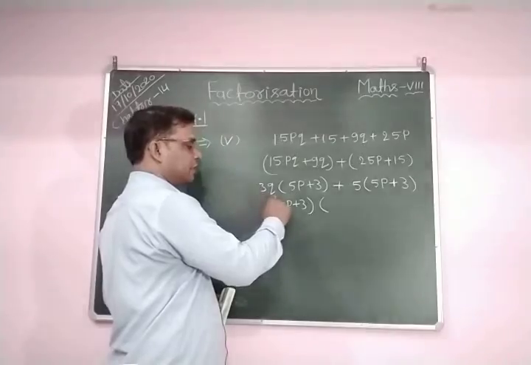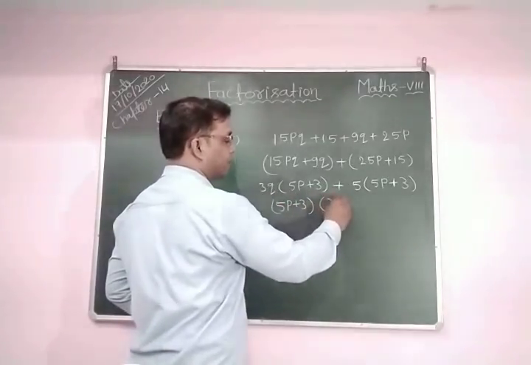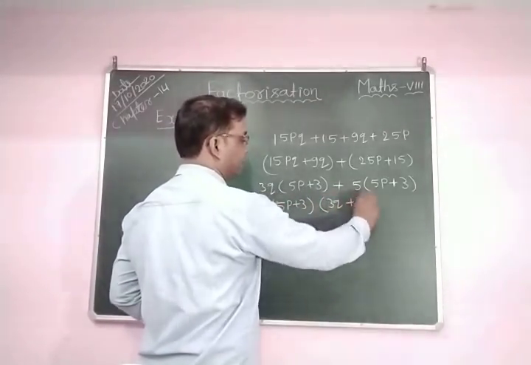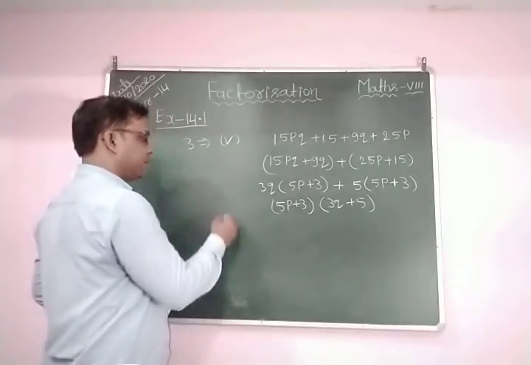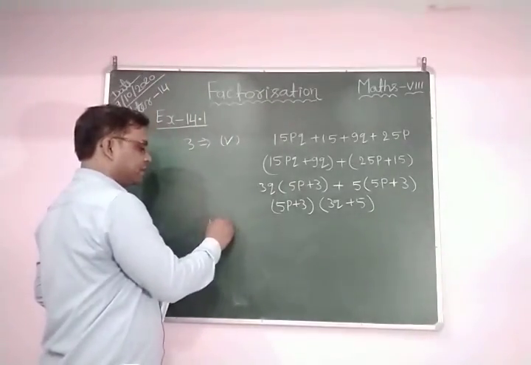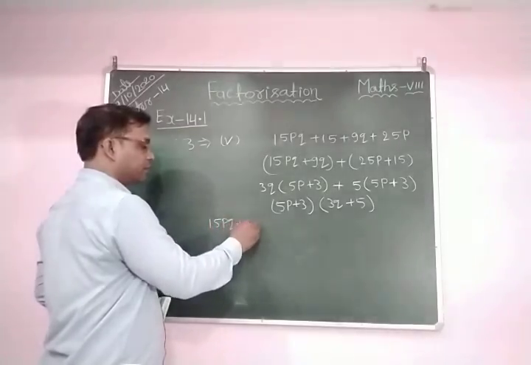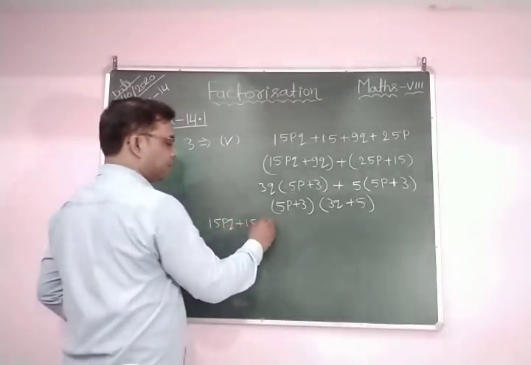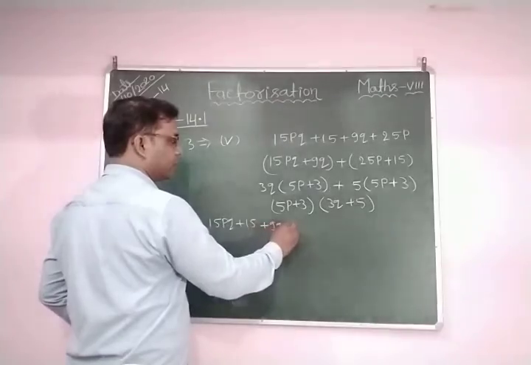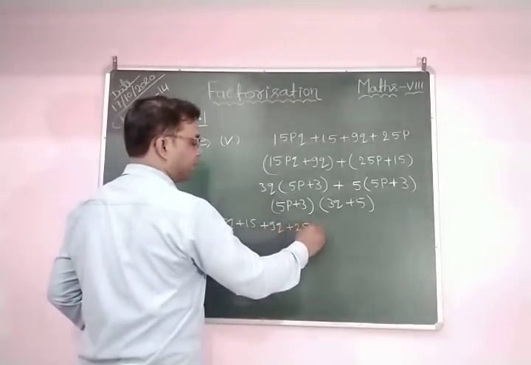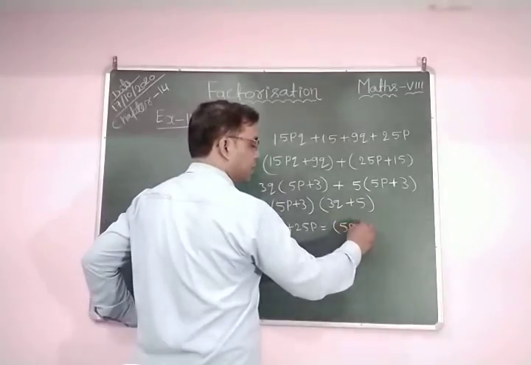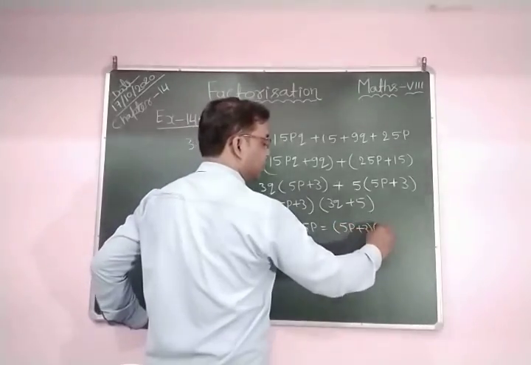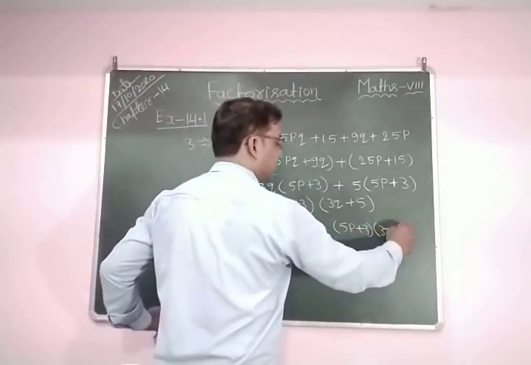The remainder is 3q plus 5. Clear? So in this way the factors are: 15pq plus 15 plus 9q plus 25p is equal to 5p plus 3 into 3q plus 5.